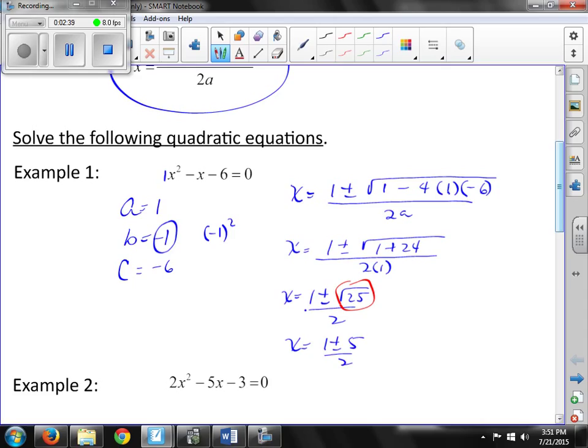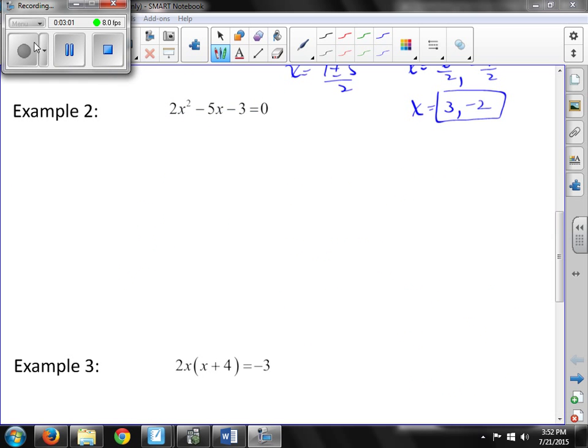So at this point we'll have to separate it to solve it. x is equal to 1 plus 5 over 2, and x is equal to 1 minus 5 over 2, or x is equal to 6 over 2, negative 4 over 2, or x is equal to 3 and negative 2. And those are our two solutions, and they are normally typed in separately.